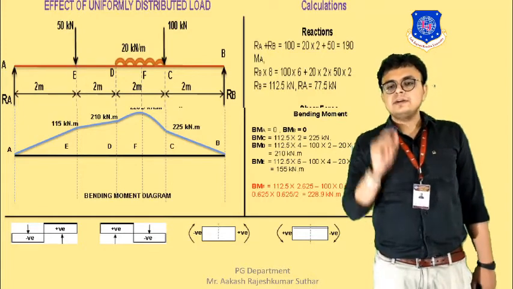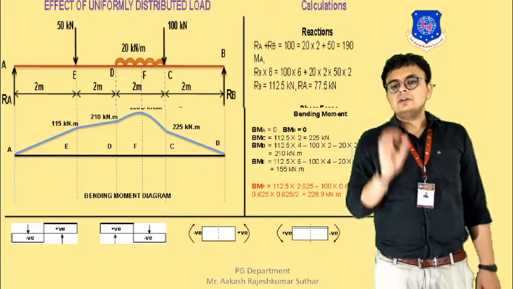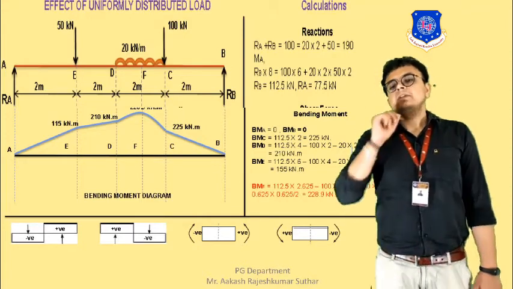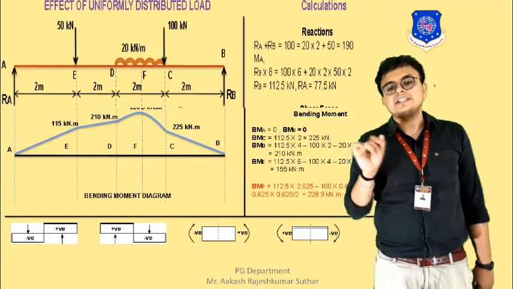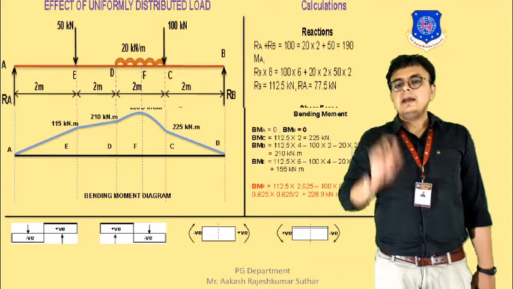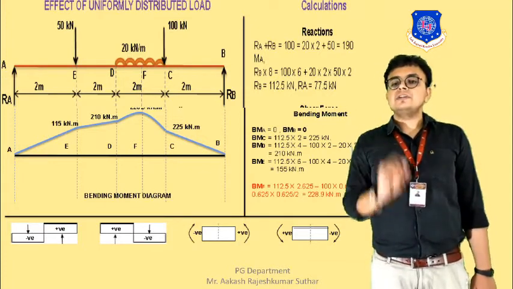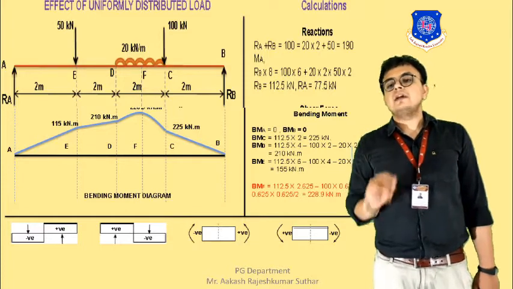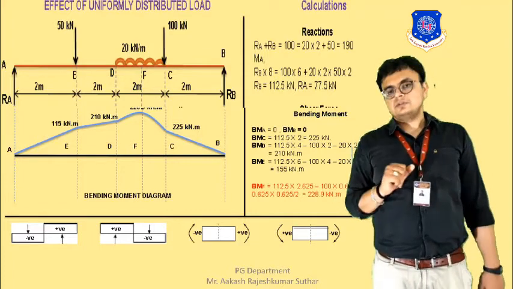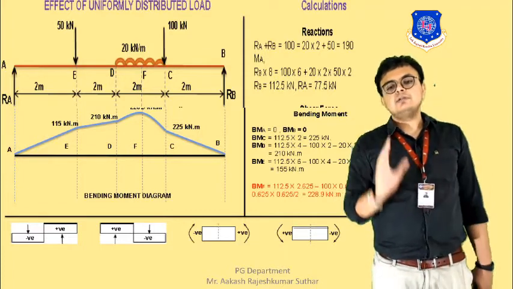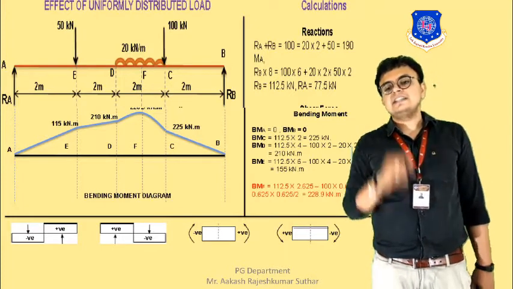So the bending moment at F will be equal to 112.5 into 2.625, minus 100 into 0.625, minus 20 into 0.625 into 0.625 by 2. We are just converting that UDL into an equivalent force. So finally we are getting a positive value, that is equal to 228.9.